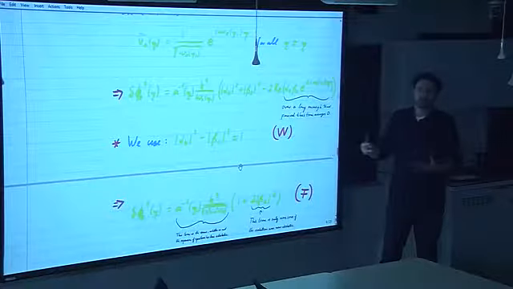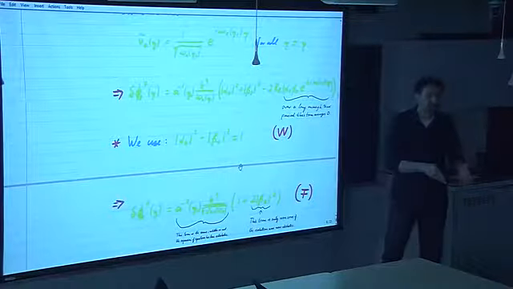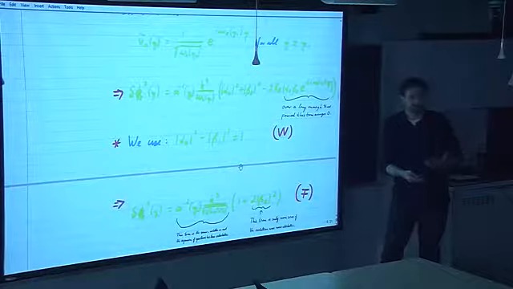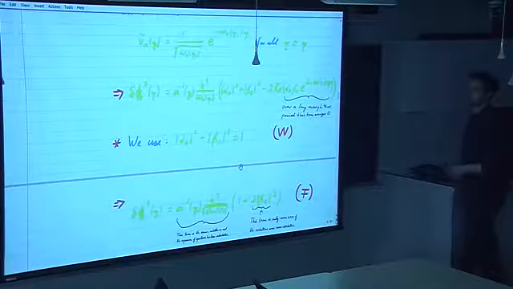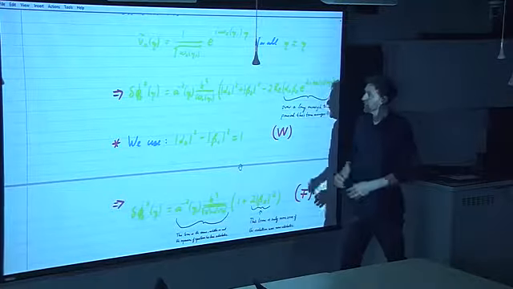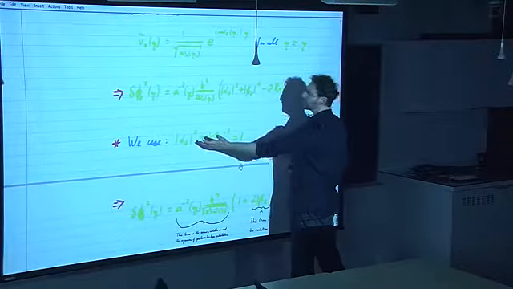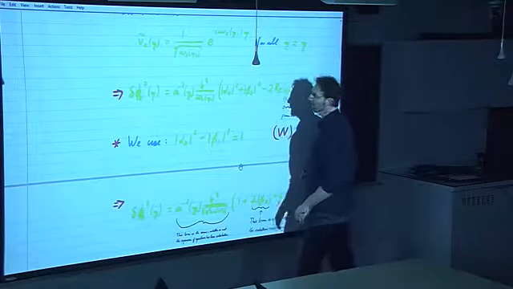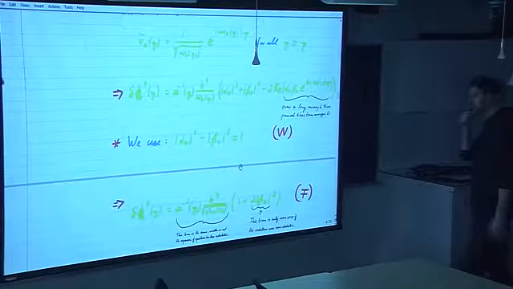Any linear combination of mode functions will be a solution to the Klein-Gordon equation. But it will not necessarily have the right normalization to translate the phi pi commutation relations into the a, a dagger commutation relations. That's the condition that enables this. Now, we know that, so we may as well use it to eliminate the alpha k here. So now everything is expressed in terms of the beta k.